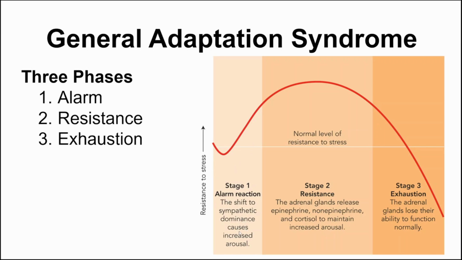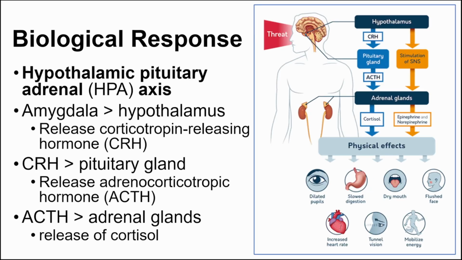Then we're going to start seeing our shift to our sympathetic nervous system. So our fight or flight response is going to start kicking in, which is specialized to help us face stressful scenarios. So in our second stage, getting into the resistance stage, this is when we start seeing our epinephrine and norepinephrine and cortisol from our 2 different pathways here.